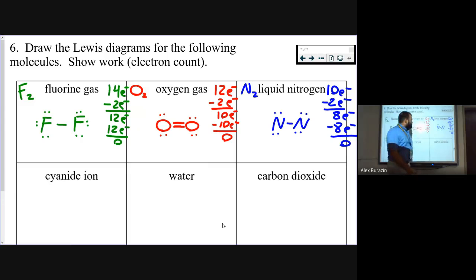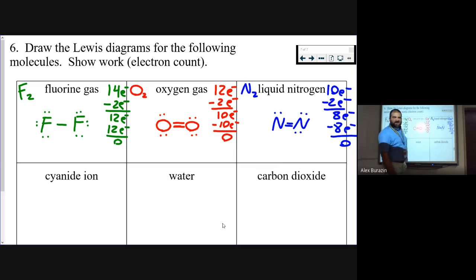All right, I take a step back and analyze what I have, and currently neither of them is satisfying the octet rule. I have 6 on the left, 6 on the right. So we need to go further and start making extra bonds. I'm going to take one lone pair over here and add it to the middle. Now how am I doing?